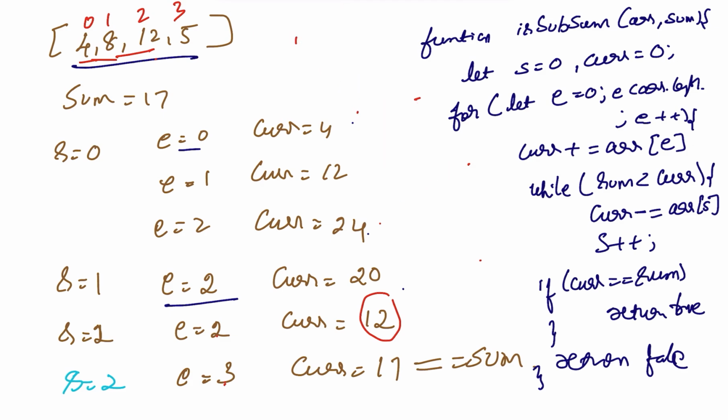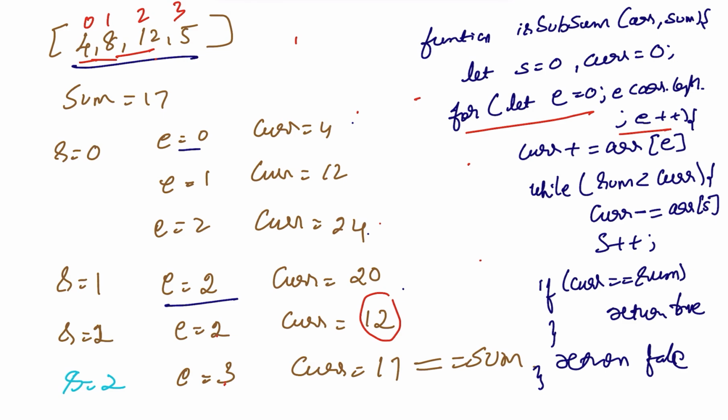Here is the code. If you can see, at first we are going to initialize the s value as 0 and current value as 0, and we are iterating from 0 to length, and current is getting updated. Current is 0, 0 plus 4, it's 4, and 4 is not greater than sum, nor is 4 equivalent to sum, so it's going to go to the next iteration.